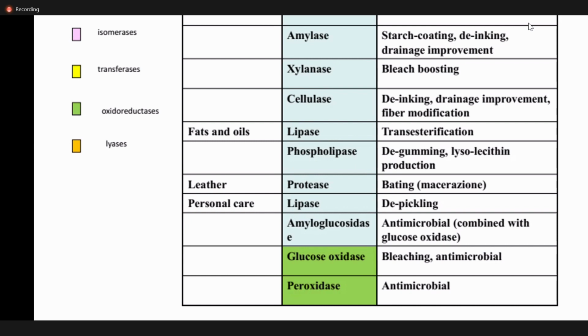From a pulp and paper point of view also, especially in bleach boosting with xylanase. Good paper, whitish colored paper, or dark papers, or colored papers, where colors are added.